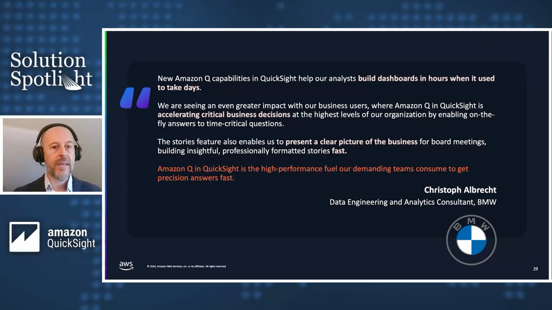It's not like they were beginners, but using natural language is definitely helping those personas. Creativity, as they highlighted here: stories present a clear picture of the business to board meetings. You don't need to go to a meeting, go through a dashboard, and spend X amount of minutes or hours to understand everything. Stories can create that summary for you, can create this clear whole picture of the situation.